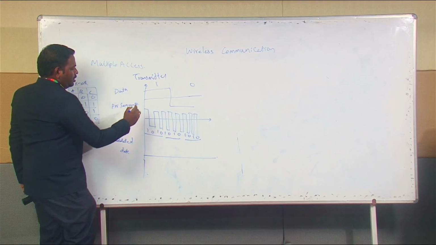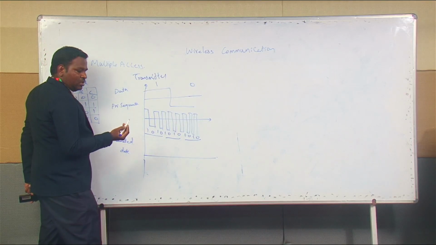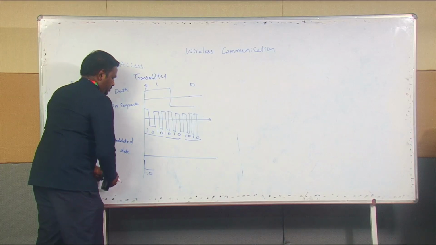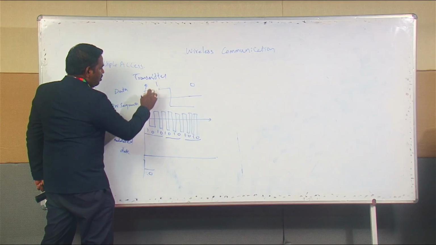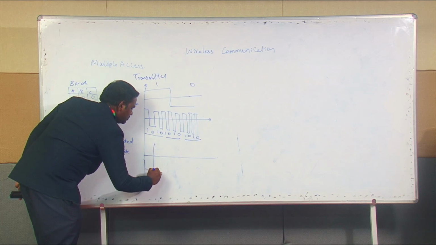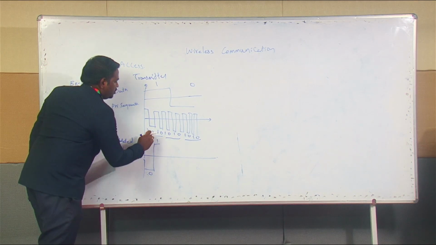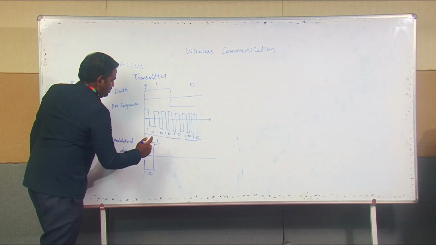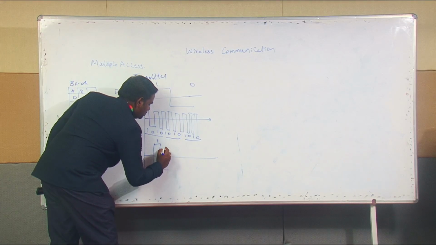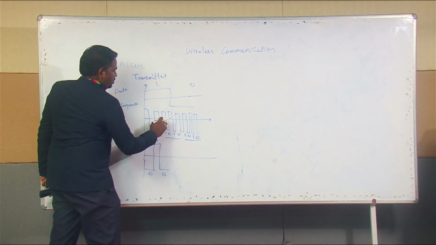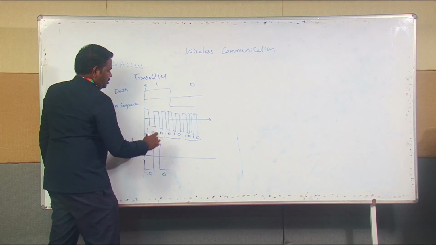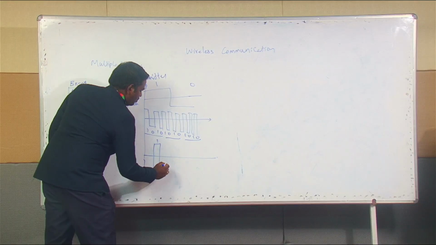So, listen: 1 1, so 1 1 0. Now 0 1, okay, 0 1 1. So 1 1, again 0. 1 1, again 0.